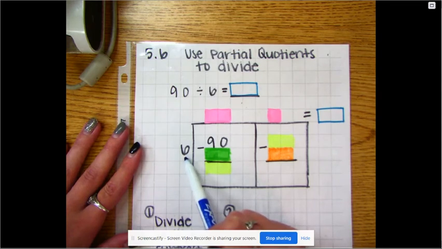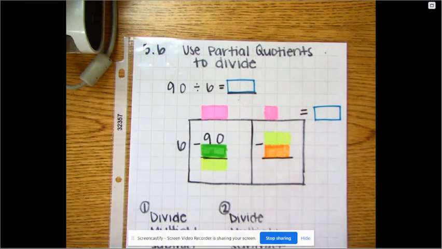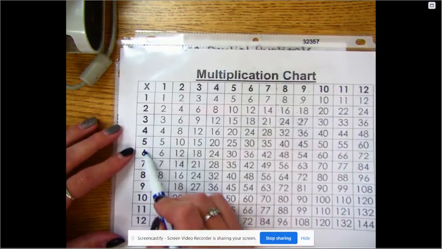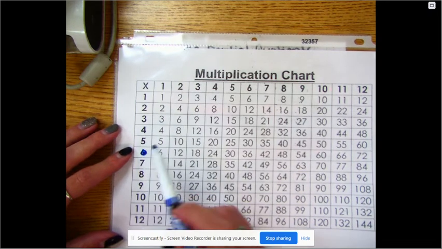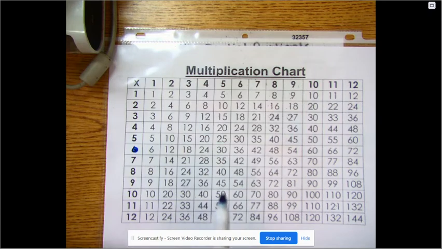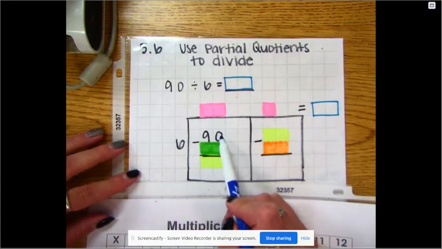And I'm going to ask myself, how close can 6 get to 90? I'm going to use my handy-dandy multiplication chart because that's the strategy that works best for me. I'm going to start at 6, and I want to get close to 90, but I'm going to have a strategy that's going to help me out a little bit. 90 ends in a 0.